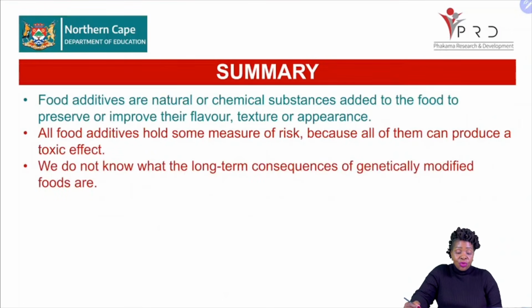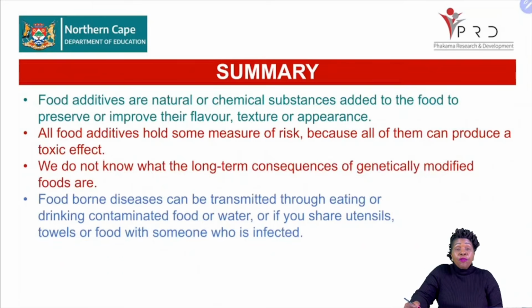And we said we do not know what the long-term consequences of genetically modified foods are. And foodborne diseases can be transmitted through eating or drinking contaminated food or water, or if you share utensils, towels, or food with someone who is infected.